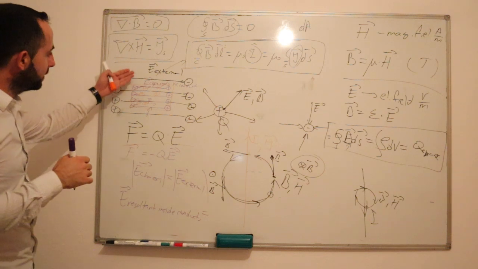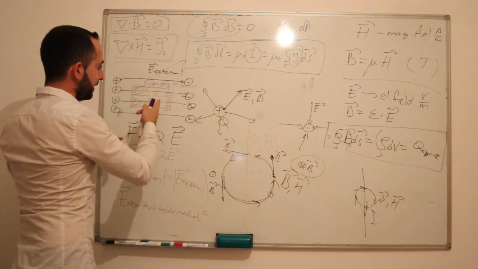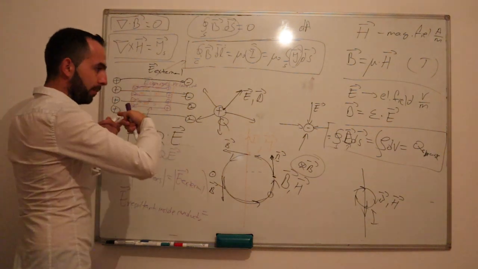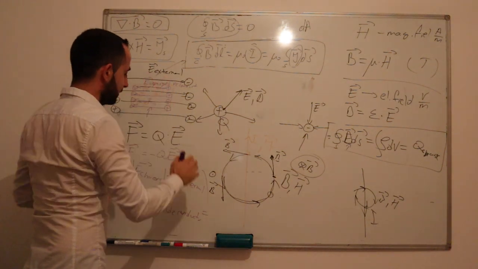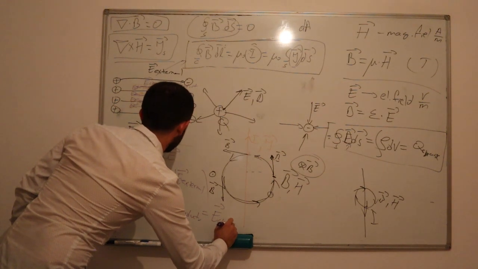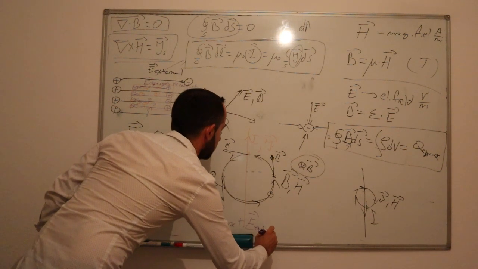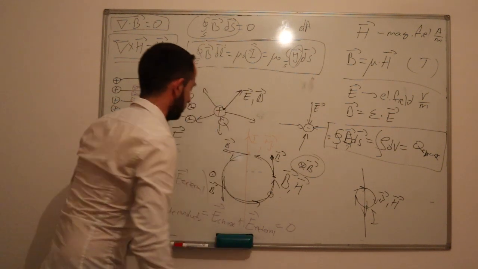Why? Because of this. I have this external field, I also have inside this, which is in the opposite direction, so the resultant electrical field, E charges plus E external, is equal to 0. Why?